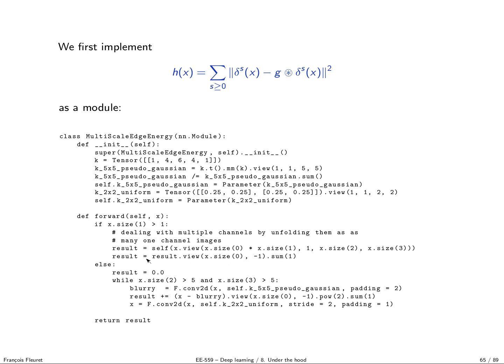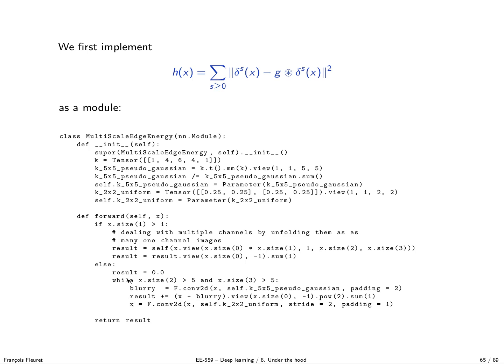And if it's a single channel image, we downscale it as long as it's greater than 5 pixel width and 5 pixel height, which is the size of the kernel. We compute the blurry version of this image, accumulate in result the sum of the square of the difference of the pixels, and then we downscale the image and do it again.